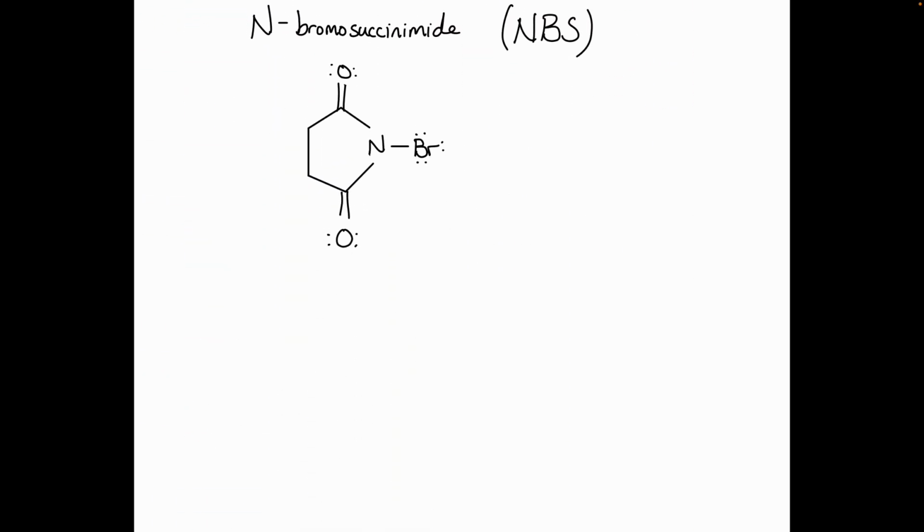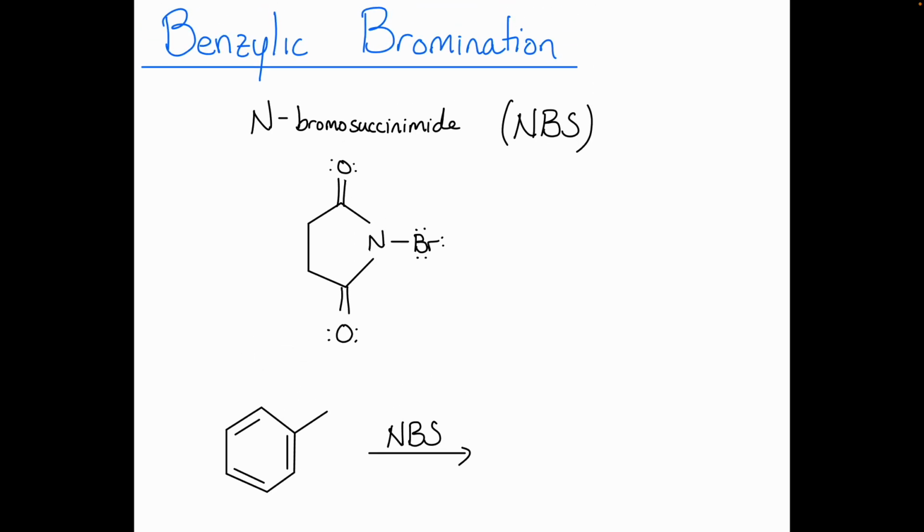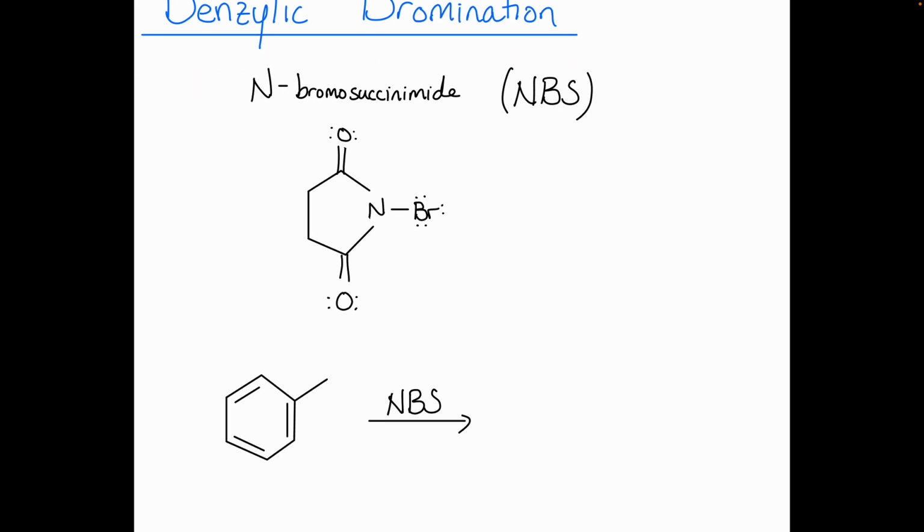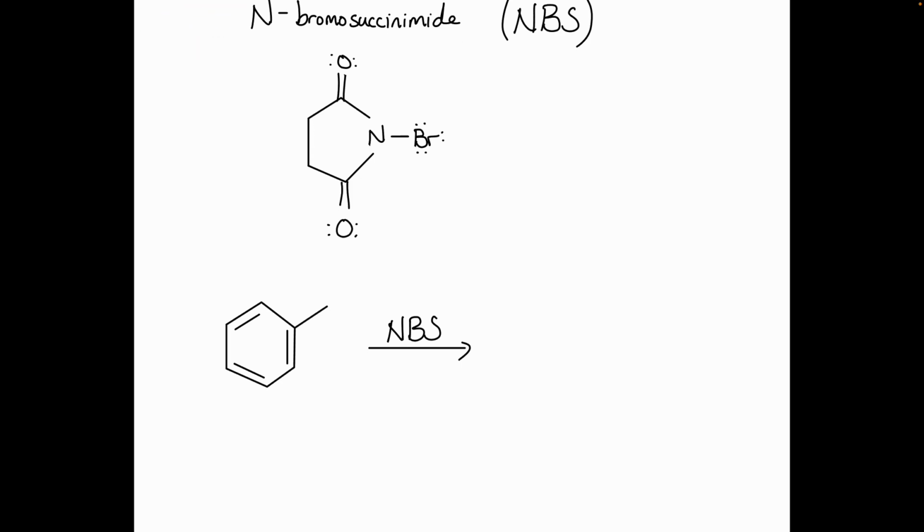So if we take our NBS and we react it with toluene, we're going to brominate that benzylic position, aka we're going to add a bromine to that benzylic carbon.